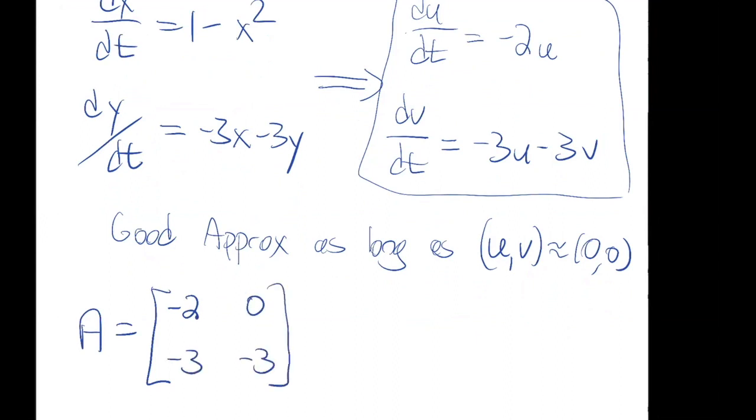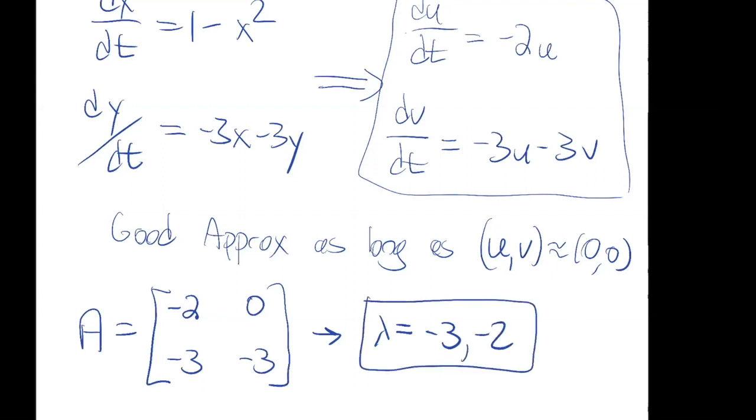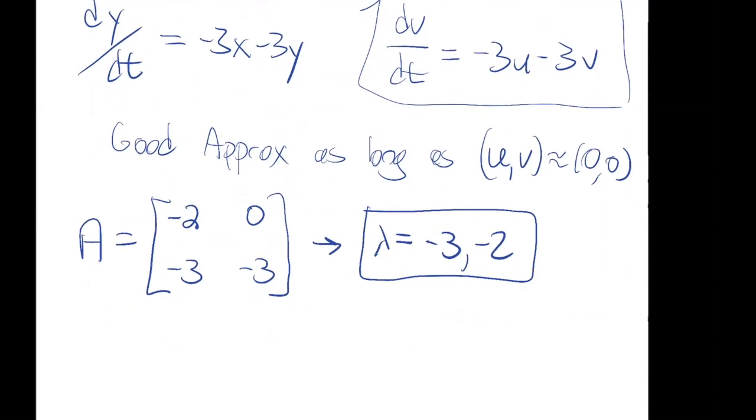And so that gives us a matrix of coefficients. And then from this, we can calculate eigenvalues of this matrix. That's a pretty quick calculation. The two eigenvalues here are minus 3 and minus 2.